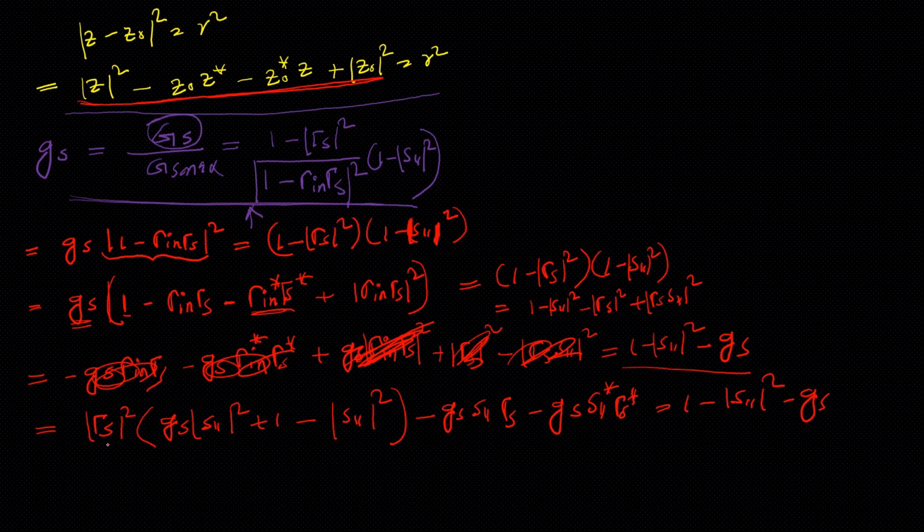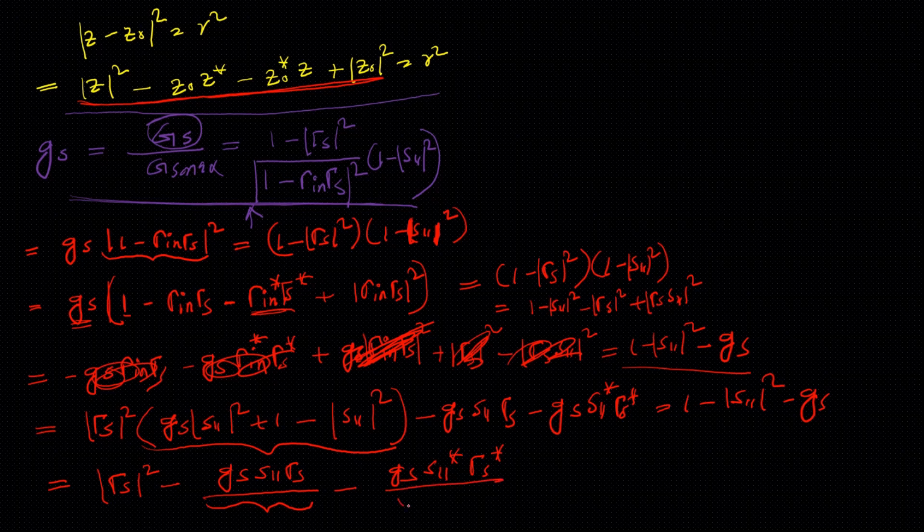Now if I divide both sides by this term, then I'll get gamma S square minus GS S11 gamma S, and this part will come here, minus GS S11 star gamma S star, and the same part will come here, equal to 1 minus |S11| whole square minus GS, and the same part will come here.